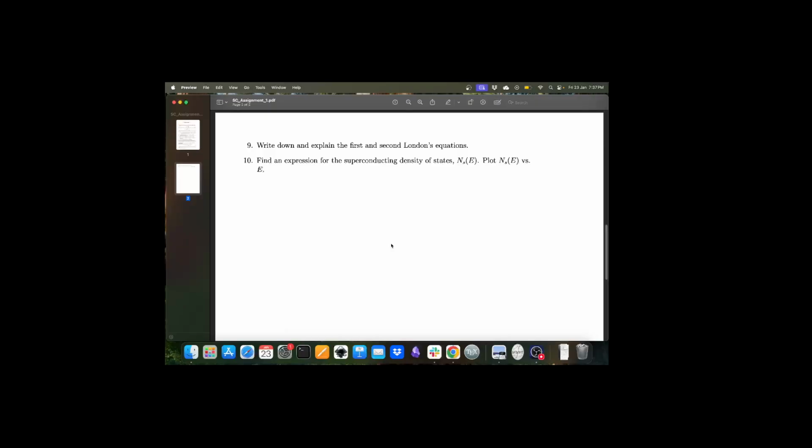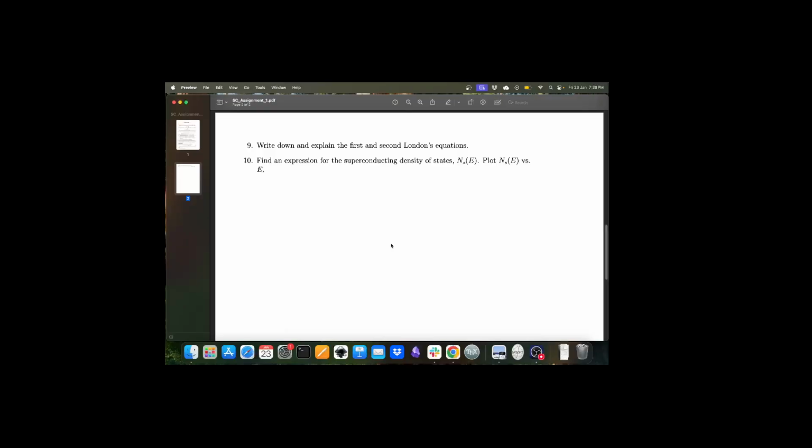So this was question 9. The 10th question is to find an expression for the superconducting density of states Ns of energy, and then plot Ns of E versus E. This expression was explicitly derived in lecture 3, so you can follow the derivation from there.